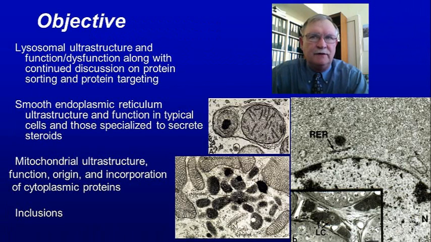We want to look at smooth endoplasmic reticulum, its ultrastructure, some characteristics of its functions, and why it's so high in concentration in steroid-secreting cells. We also want to look at mitochondria, the ultrastructure, their function, the origin, and the incorporation of proteins inside both of those membranes, as well as inclusions, and we will end with inclusions.